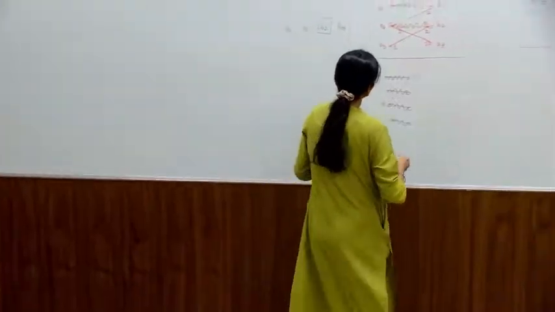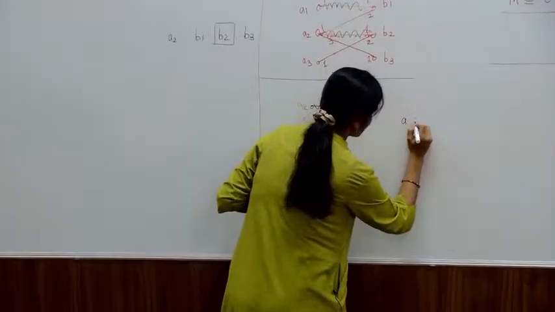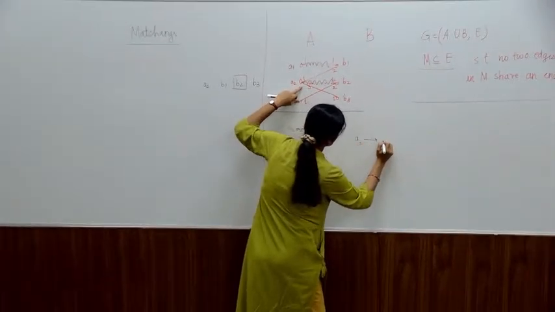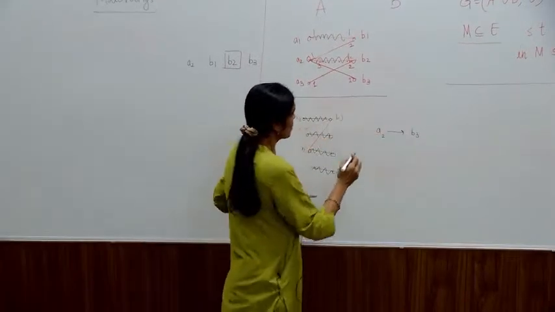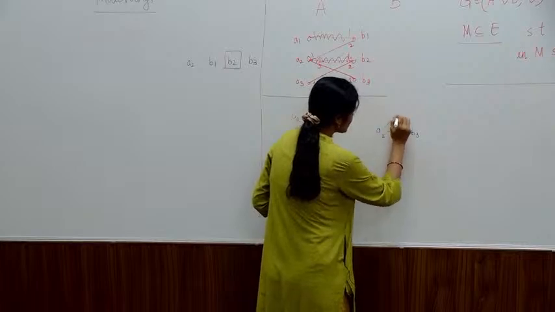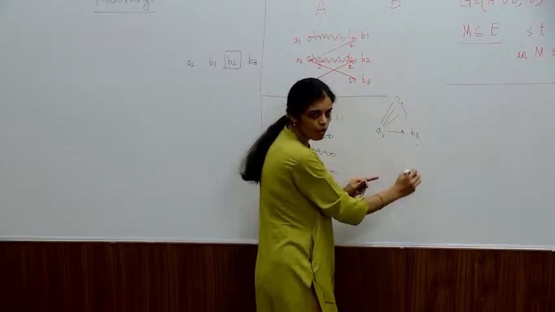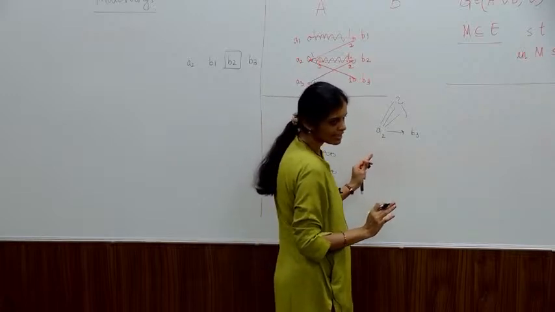Whenever, let's say, A2 is proposing to B3 in some sequence of the algorithm, it means that if A2 has any higher preferred neighbors, it must have proposed to all of them and they must have rejected it. This is clear, right?